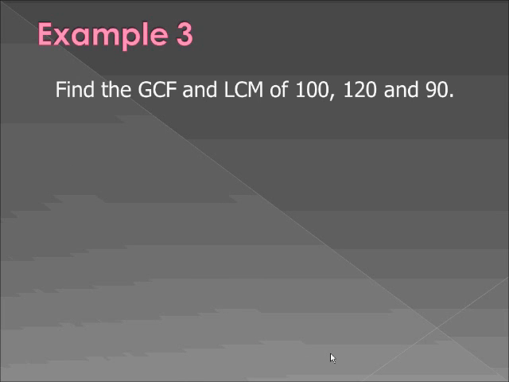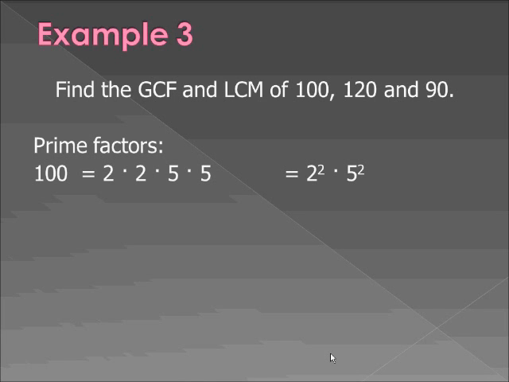Example 3. Find the GCF and LCM of 100, 120, and 90. So let's start with the prime factorizations of each number. You can try these yourself. Why don't you try this yourself and restart the video when you're ready. Alright, so 100 is 2 times 2 times 5 times 5. Again, if you need to do the factor trees, go ahead and do those.